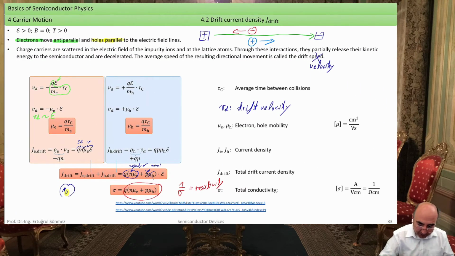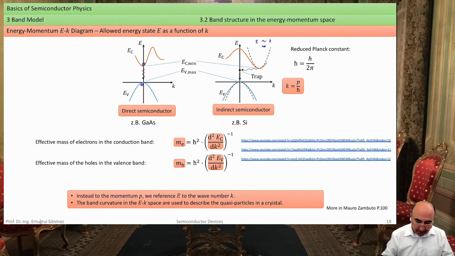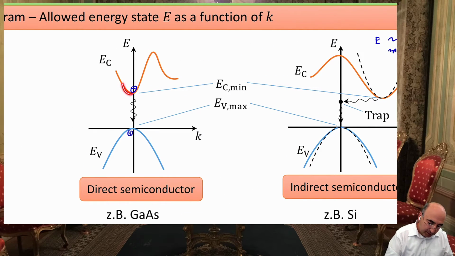But now we have to go to the point where I have given you the hint that the effective mass will change. If you increase the energy, if you increase the velocity, you are here. So you cannot increase the energy further because the mass is increased.